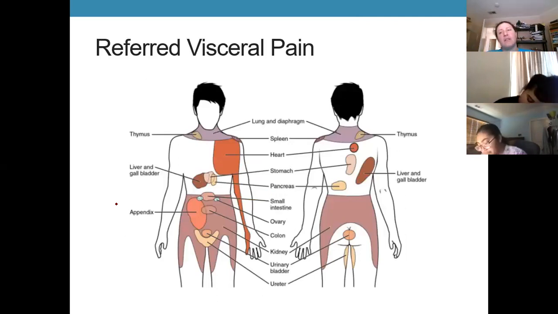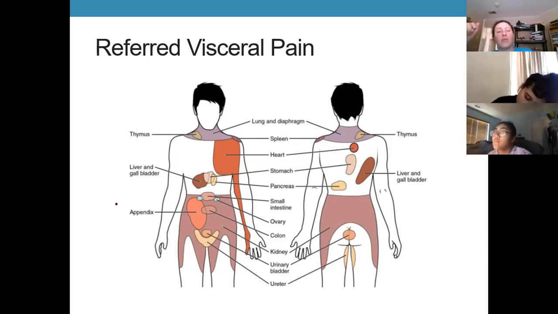We will feel somatic pain in response to visceral sensory stimulation. And this is so consistent that there are maps of the skin and technically muscle and bone of which organs correspond to which areas.